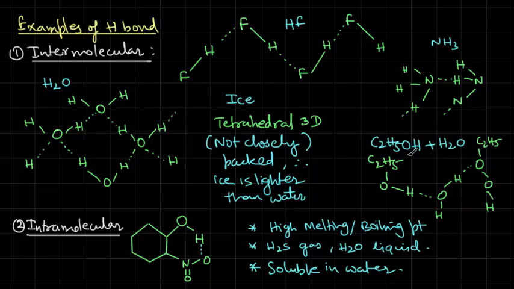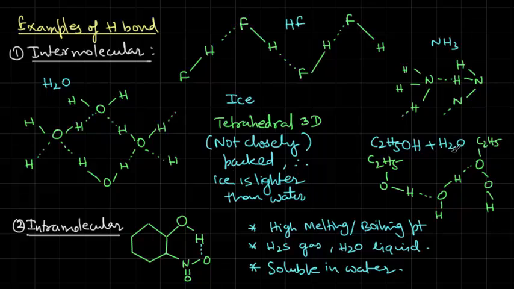Intermolecular, again, one more example is C2H5OH plus water. Intermolecular means that it's between two different molecules. Same molecules or different molecules, but two molecules should be present. So it can be that both are the same, it can be that they are different, but this bond exists between two different molecules.